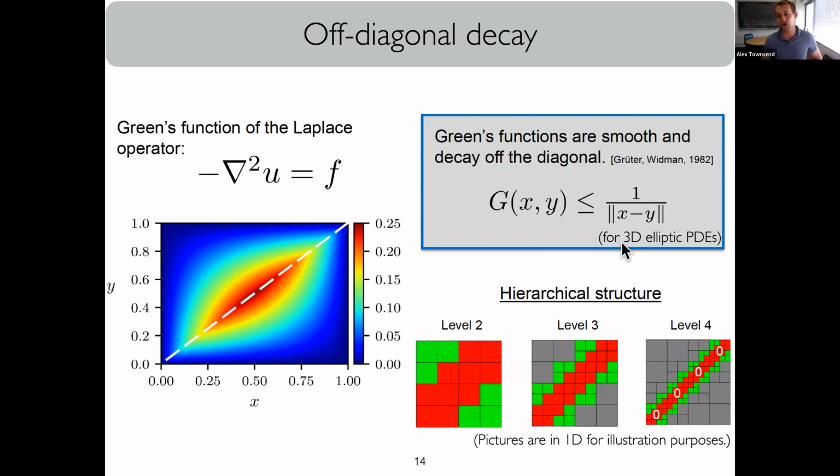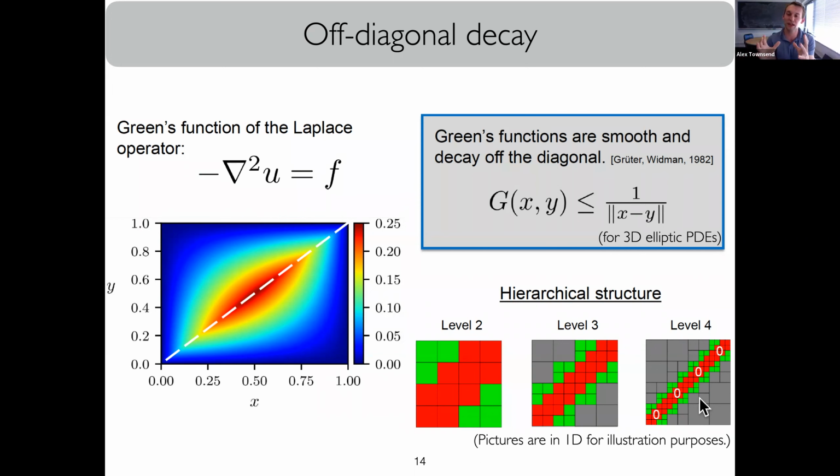But it's also known that these Green's functions may blow up on the diagonal, like actually go to infinity, even though their 2 norm is bounded. But they don't go to infinity too fast, which means that as I squeeze down to this diagonal, the contribution that those little red regions make to the overall 2 norm of the Green's function gets smaller and smaller and smaller.